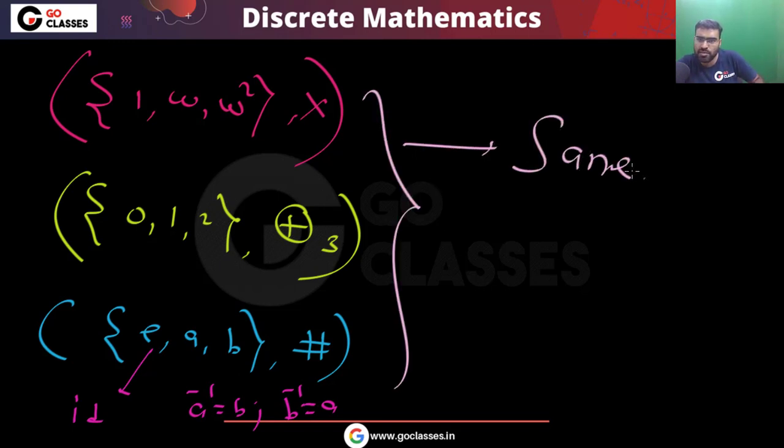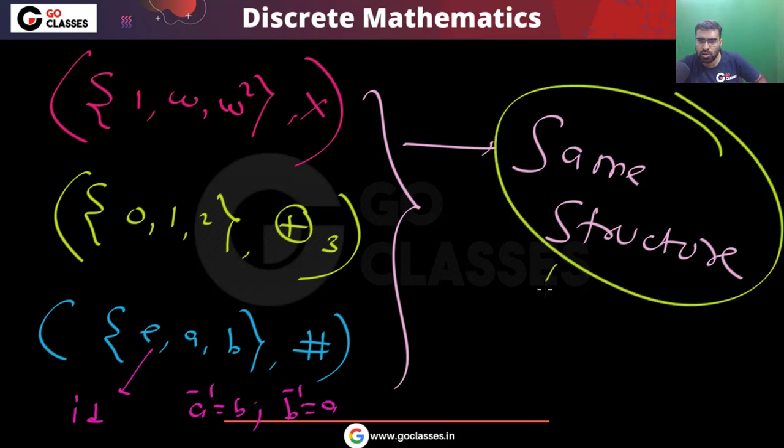All of them have the same structure. This is also called isomorphic.